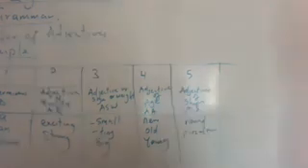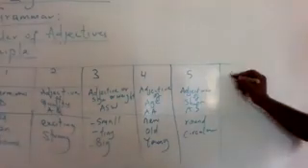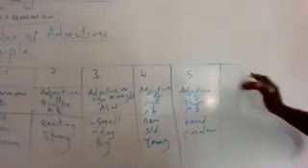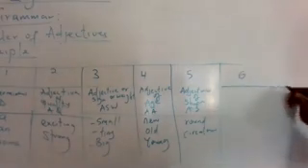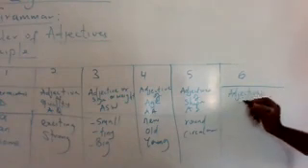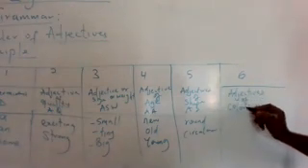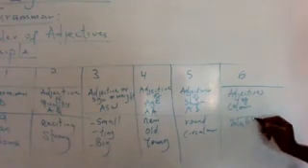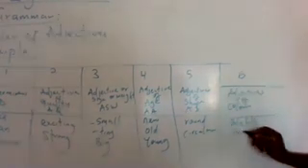The next thing is adjective of color. That'll be number 6. Is it black? Is it fair? Is it dark? Black, fair, dark, all those.